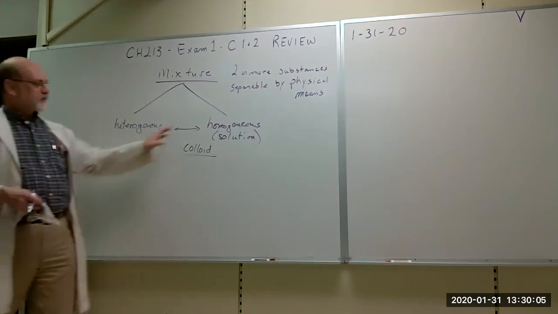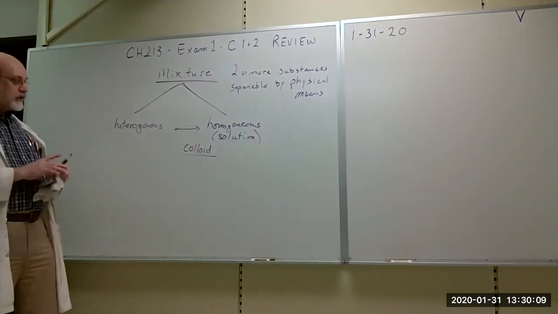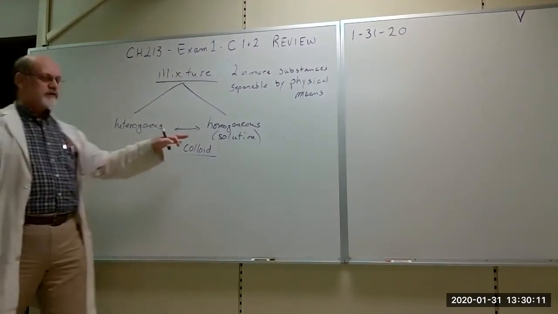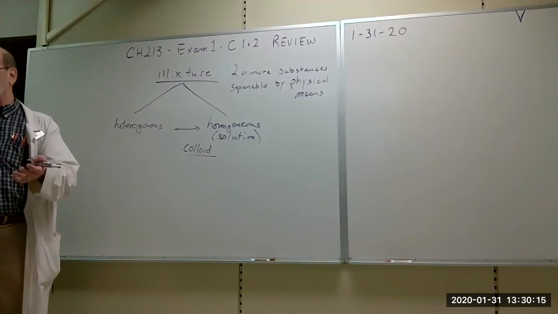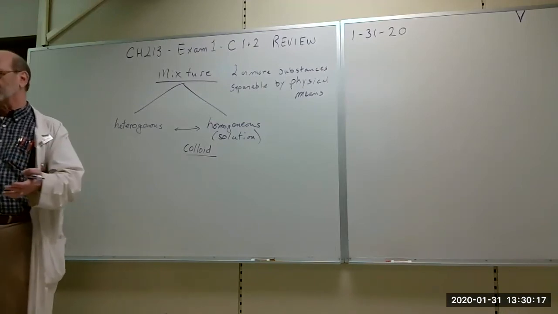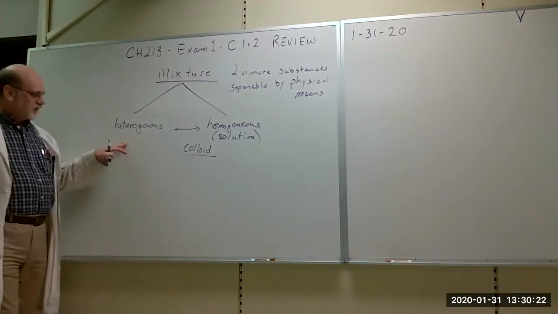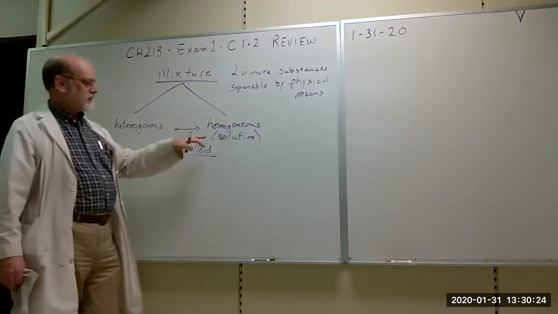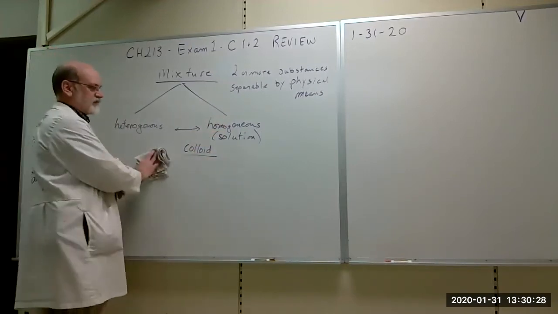Let's just know the difference between the two. We used to define solutions in terms of whether they would separate under a gravitational field, but that's not valid. It's the composition. These have variable composition. These have homogeneous composition. That's the difference between those two.